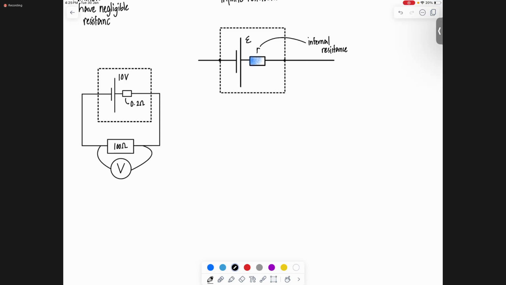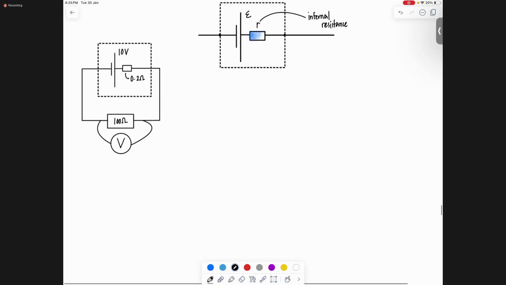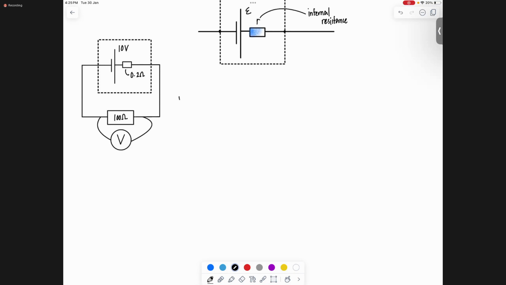Nine point... 9.98. That's it. So, we first do V equals IR. Total voltage is what? 10. Total current is unknown. What is the total resistance of the circuit? The 0.2 and the 100 are what to each other? Series, right?